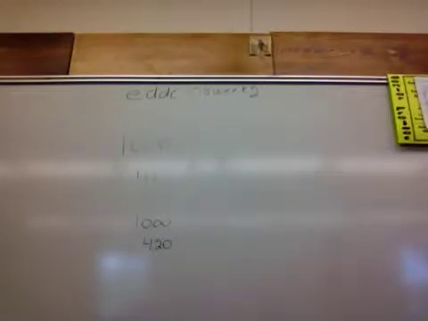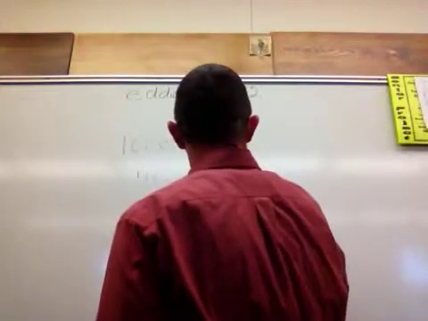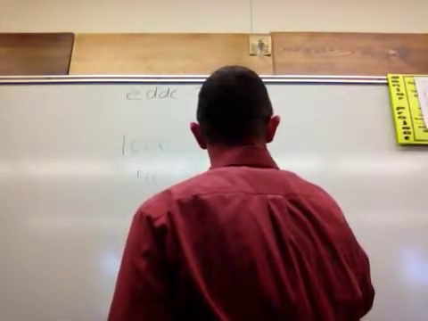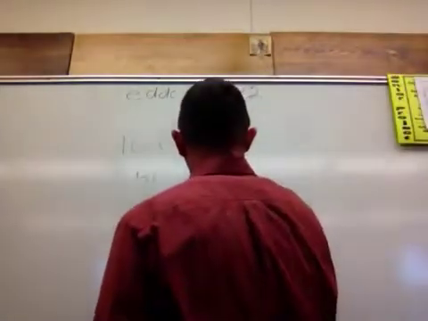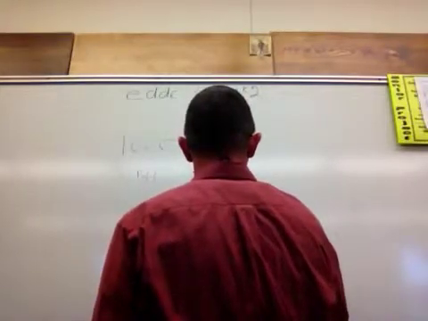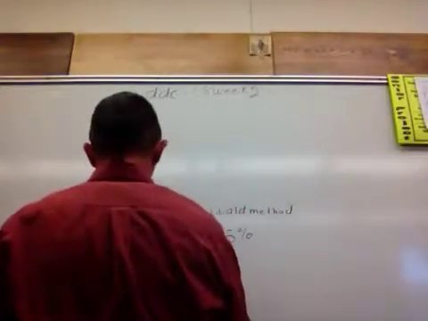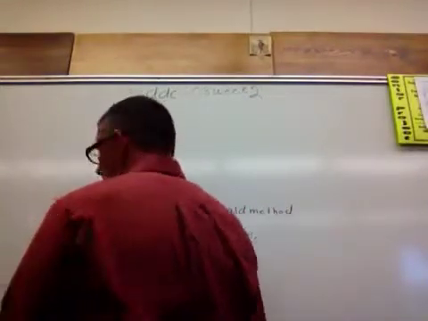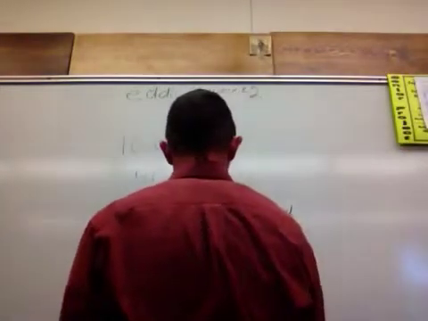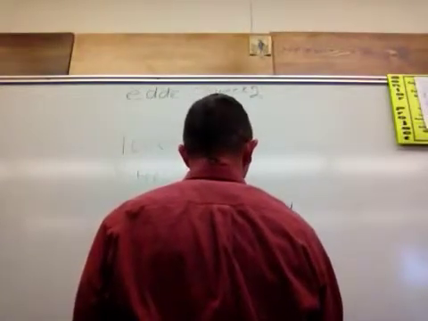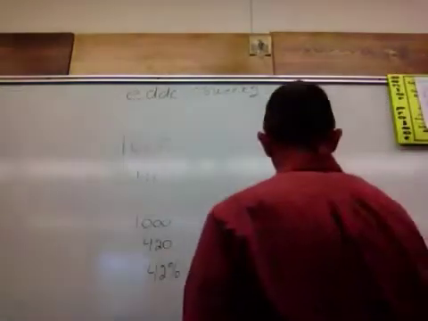As you can see from the calculator's results, when you go down to what's called the Wald method, you will see that there is a 95% chance that the true population proportion, we don't know for sure that it's 42%, but we do know that it is somewhere between 38.94% and 45.6%.